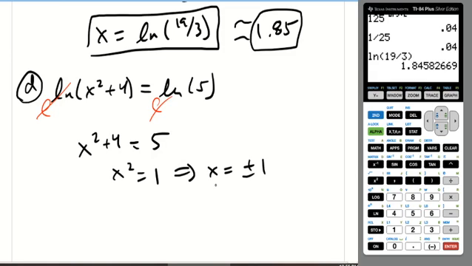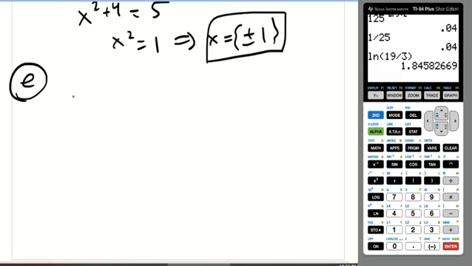Okay, what about log of 9x minus 100 equals 4? Well, the base of log, where there's no base there, is assumed to be 10, base 10, right? Common logarithm. So 10 to the log, base 10, will cancel themselves out.